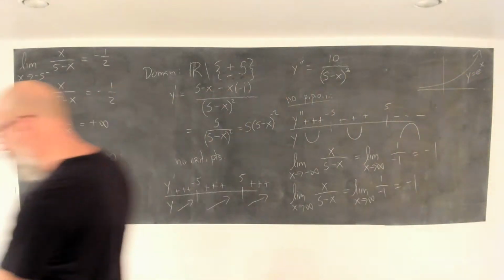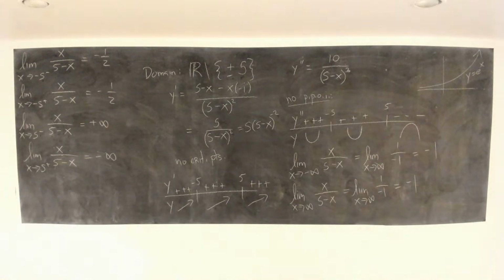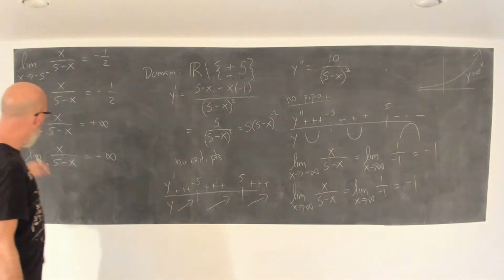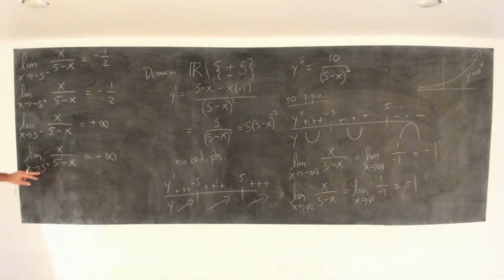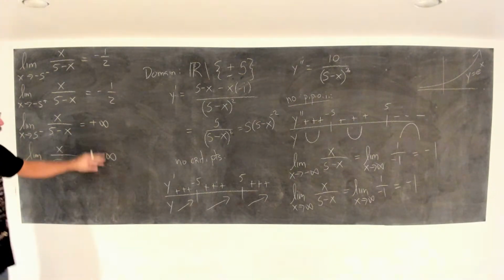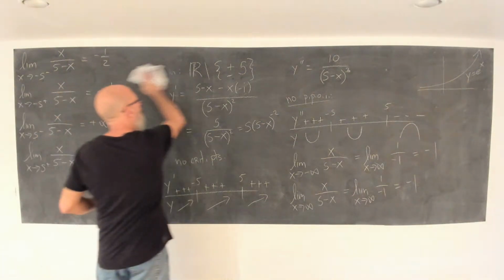Let's graph. So what are we saying? What are we showing here? We're noticing that at 5 you have a vertical asymptote.